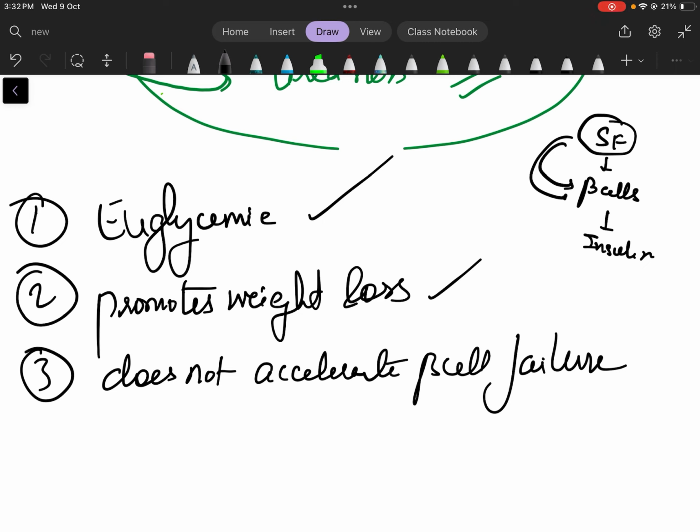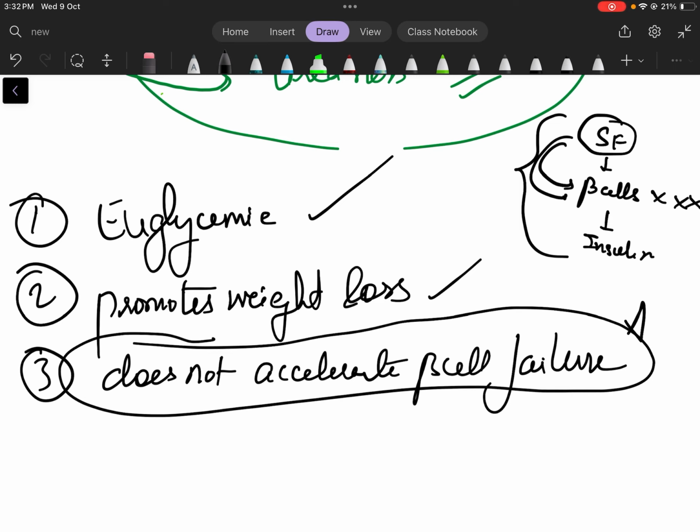So over time, when you're continuously using sulfonylureas, your beta cells also get exhausted. There is basically beta cell failure which takes place over a long period of time when you use sulfonylurea. Hence, sulfonylurea or any other drug which promotes your insulin release over a long period of time causes beta cell failure. Since metformin does not act through beta cells, it does not accelerate beta cell failure, which is extremely important to remember.